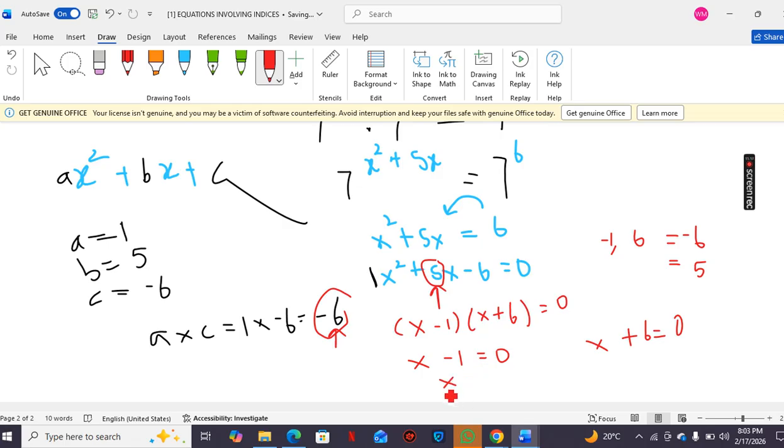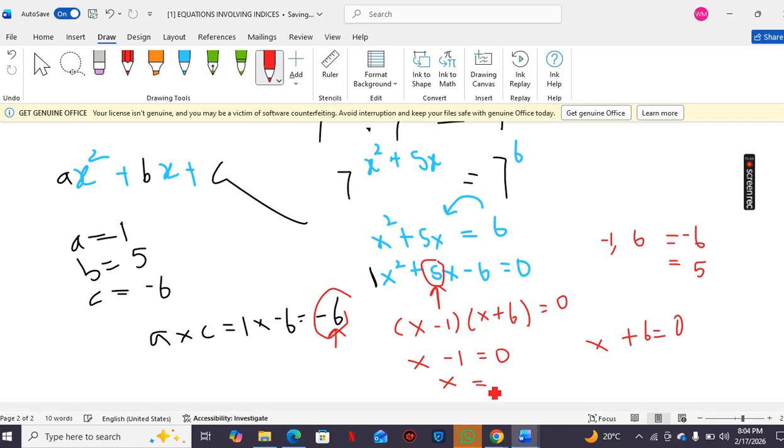Sir, I've got a question. Please go ahead. So what you've used is the factorization method. So in the event that we use the quadratic formula, are you going to get the same answer? Yes, if you use the quadratic formula, you get the same answers here.